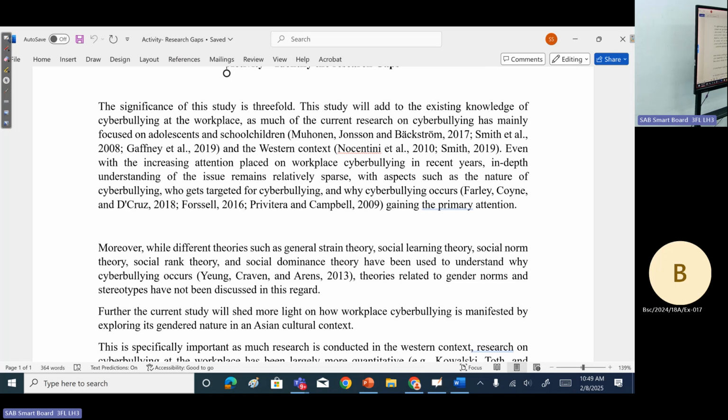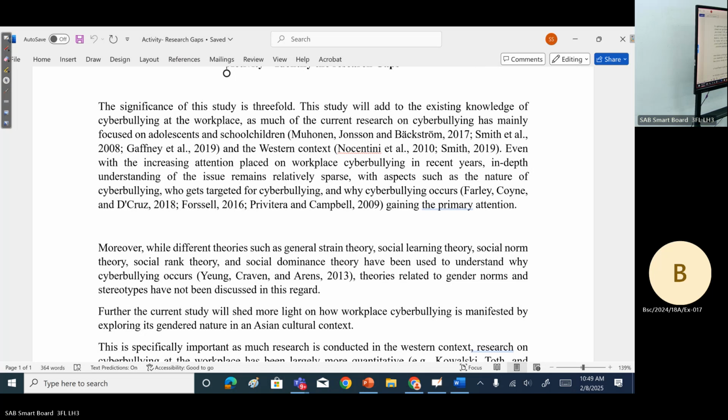That's the right term. Okay, try to identify the first step. First paragraph. Yes, first paragraph. What is the idea? Yes, it's a knowledge gap.